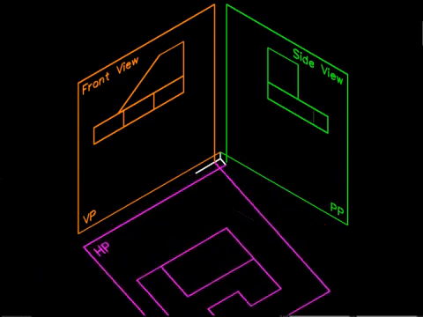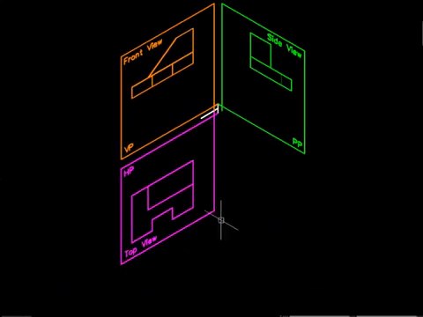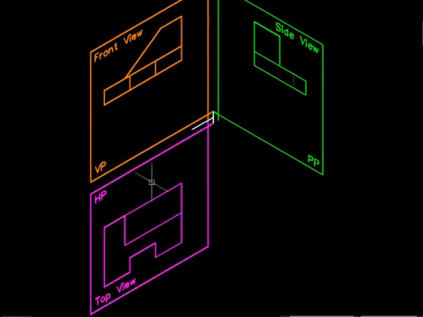So like this we have to rotate it till it comes in a straight line with VP. So this view, you can see here, is the top view which is in the same plane as VP right now. The same thing has to be done on the side plane.